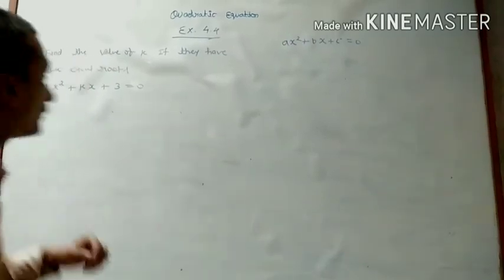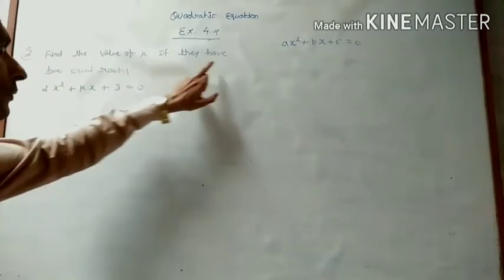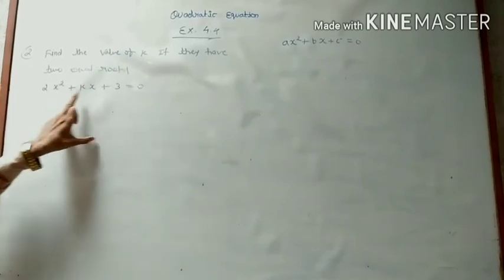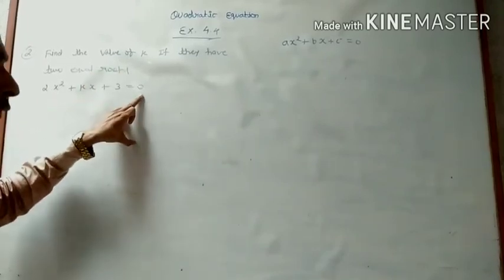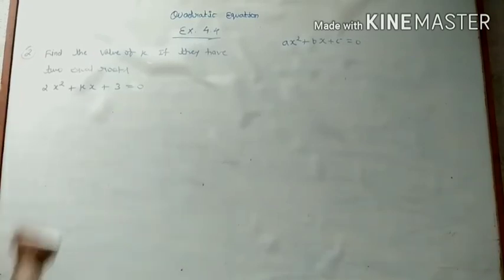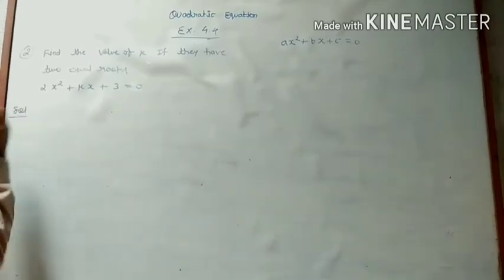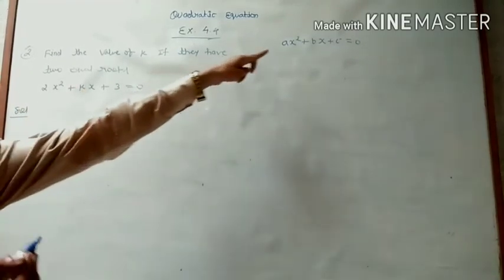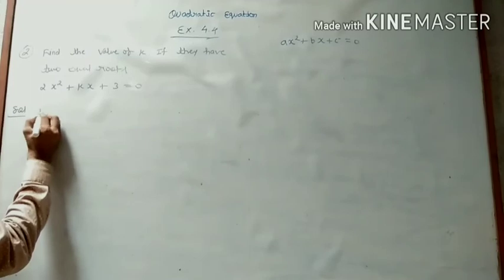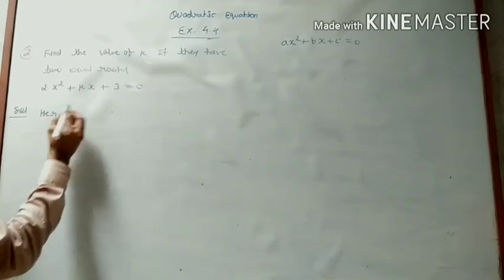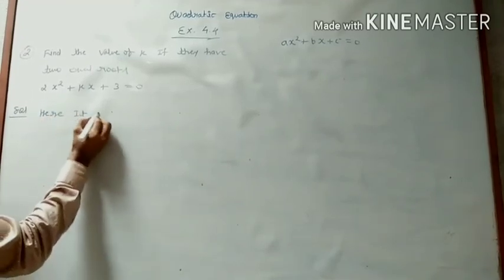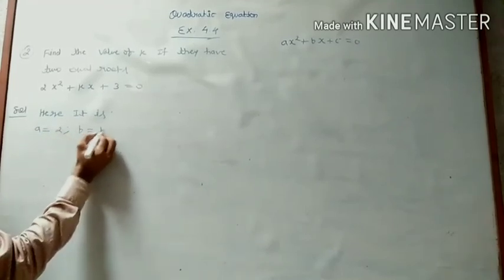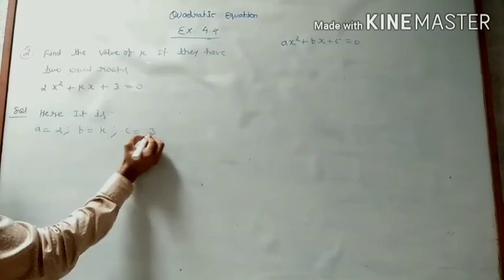Okay, the next question is here. Find the value of k if they have two equal roots. So 2x square plus kx plus 3 equal to 0. This is the equation. And solution. What is the solution? Here we have to compare the equation with the standard one, ax square plus bx plus c. So here a equal to 2, b equal to k, and c equal to 3.